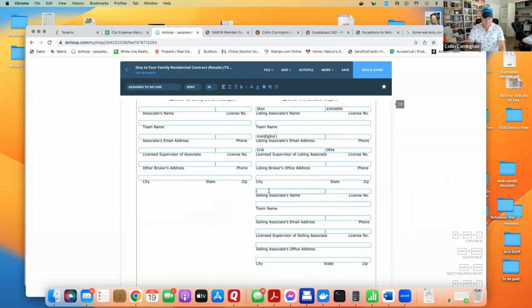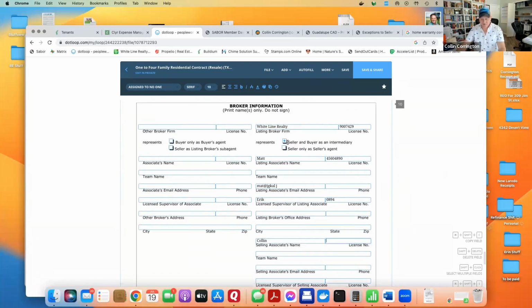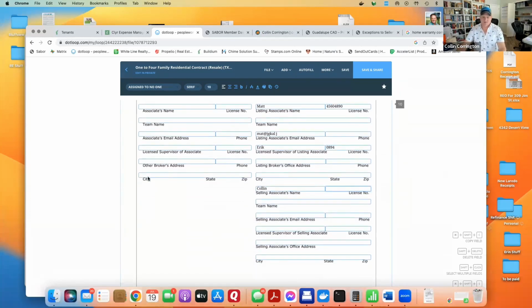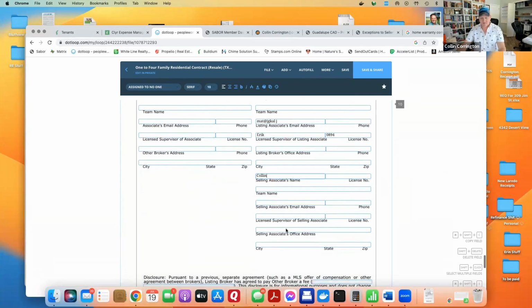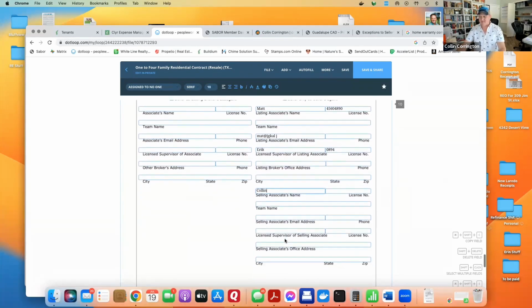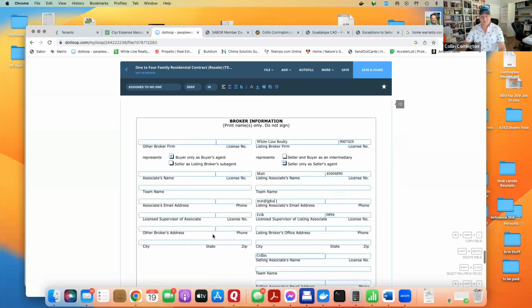And I'm the selling agent, the buyer, so then I'd put Colin in here. If it's intermediary, everything stays on this side. If it's two different brokerages, click that one and that one, and you stop filling stuff out right here. So only this much information will be needed if there's two different ones. If it's intermediary, then you have to fill out both sides of this one. Does that make sense? Intermediary is always kind of a weird concept.